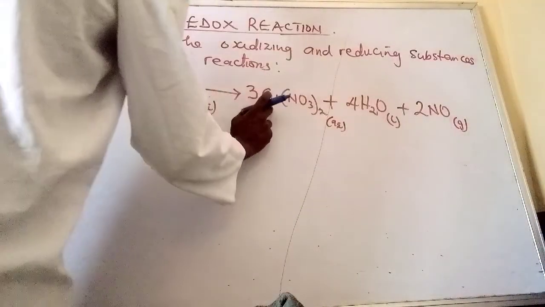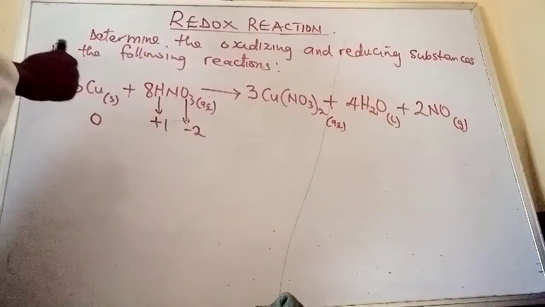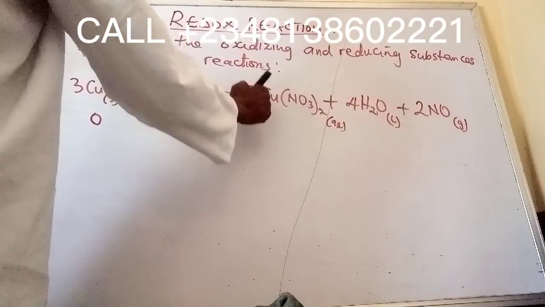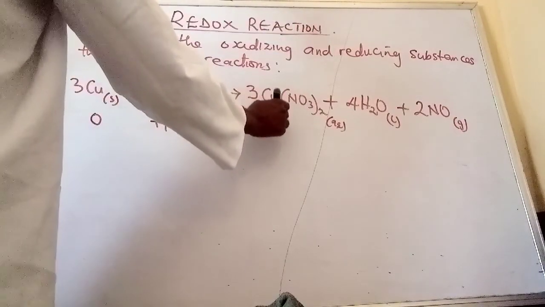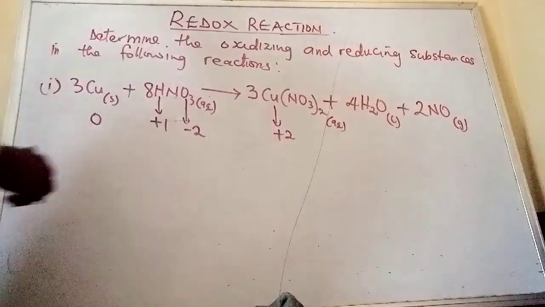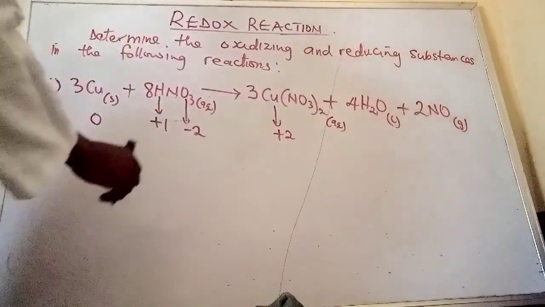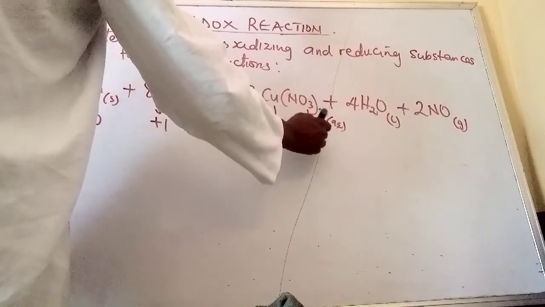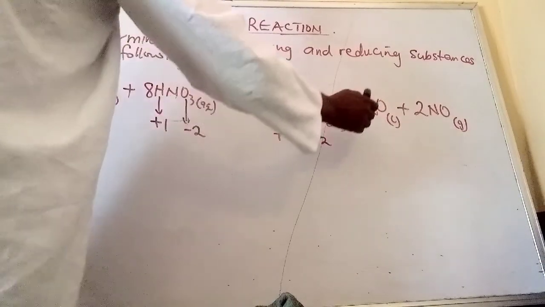All right, let's now come here. This is copper nitrate. So definitely, once it is in the compound, that means copper has +2 as oxidation number, while oxygen is still -2.